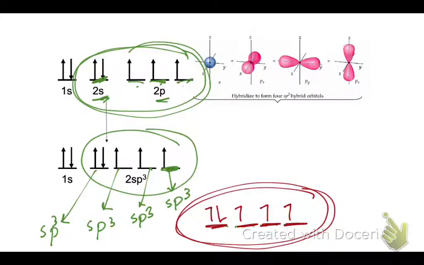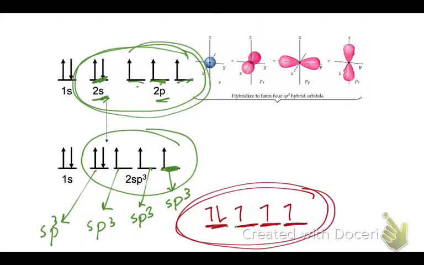When you have 4 things and you want to separate them as far away from each other as possible, what is the best angle for that? If you go back to our VSEPR lecture, you will remember that the best angle will be the tetrahedral angle of 109.5.